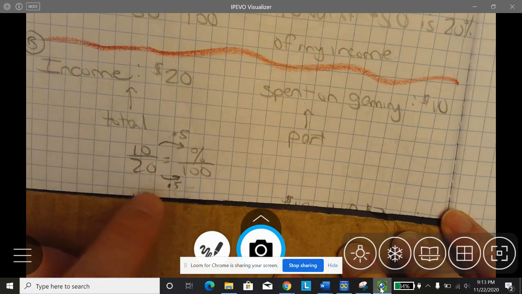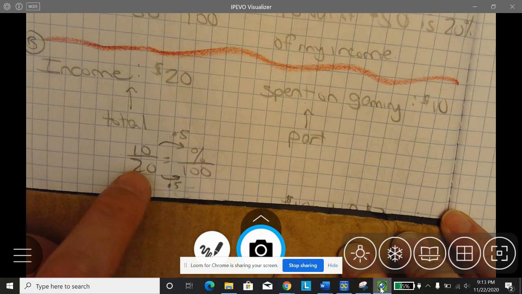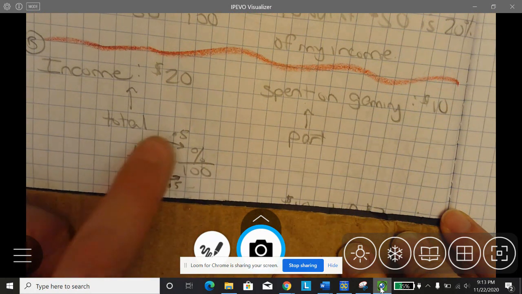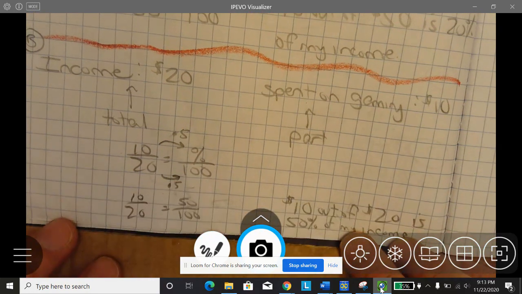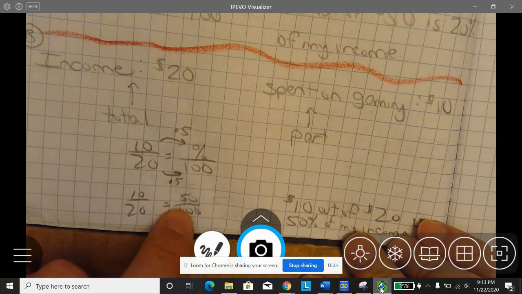And since it's proportional, we have to multiply by the same factor. What do I multiply 20 by to get 100? Well, 100 divided by 20 is 5, so 20 times 5 is 100. And to keep it proportional, I must multiply 10 times 5, which is 50. So 10 over 20 equals 50 over 100.